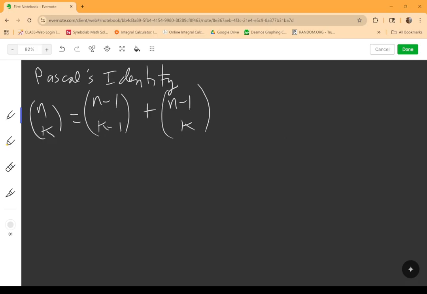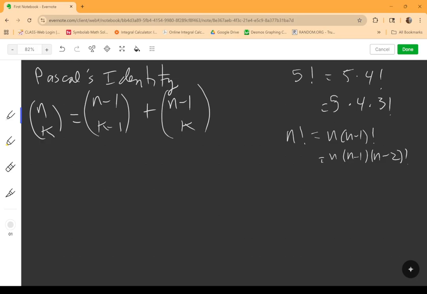Now, before we get into that, just a reminder, when we have something like 5 factorial, that's 5 times 4 factorial, which is equal to 5 times 4 times 3 factorial, etc. In general, n factorial is n times n minus 1 factorial, or n times n minus 1 times n minus 2 factorial, and so on down to 3, 2, 1.